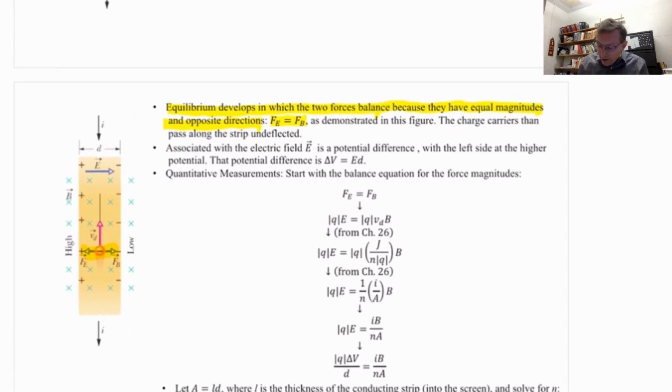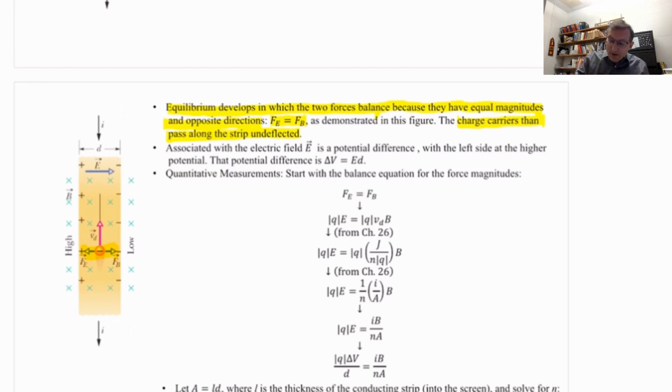And then, as I said, the charge carriers that haven't already been piled up on the two sides can pass along the strip undeflected. Remember, I have pretty much an unlimited supply of these conduction electrons. All right, so that's what we're interested in now, this equilibrium or steady state situation.